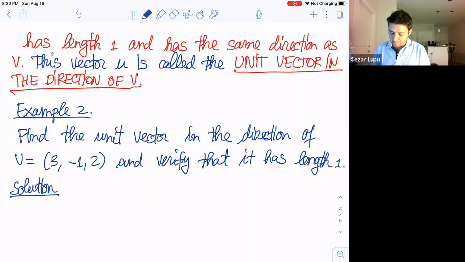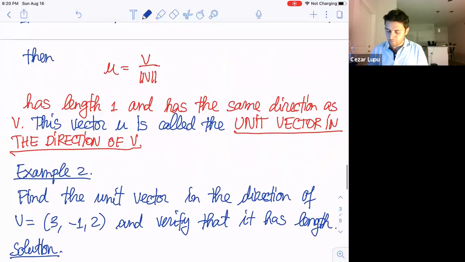Let's look at it. Well, it's pretty straightforward. It tells us exactly what to do at this point, right? And let's see, well, we have to compute the unit vector. As you can see, I have this formula here, right?